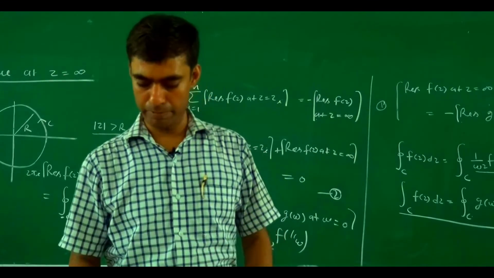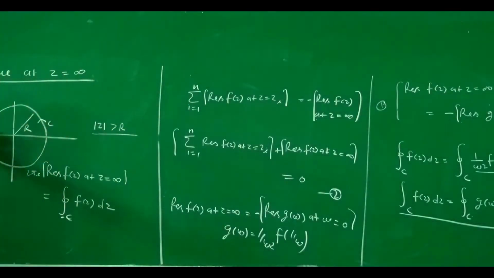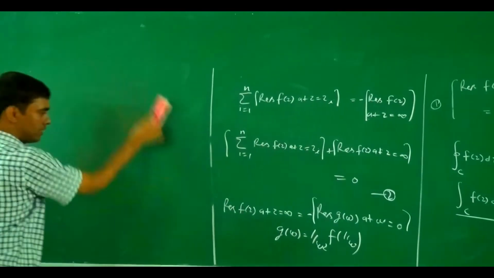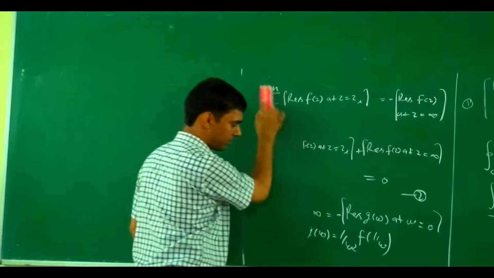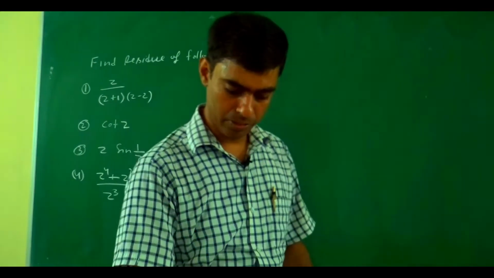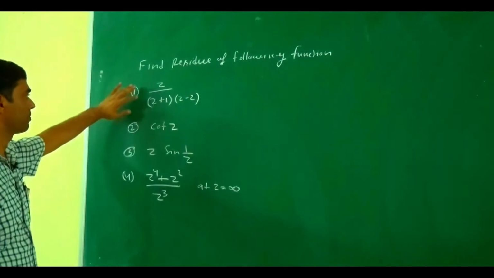Now we solve some numerical examples using the results we discussed in the previous lecture and in this lecture, that is, how we find the residue of a function at isolated singular points.